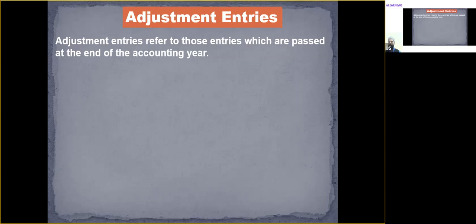Whenever you are asked what an adjustment entry is, you can simply say that adjustment entries are those entries which are passed at the end of the year, that means at the time of preparation of the final accounts. You can also say that adjustment entries are those entries which are made after preparation of the trial balance. That simply means the same thing: adjustment entries are done at the end of the year, at the time of preparation of the final accounts.